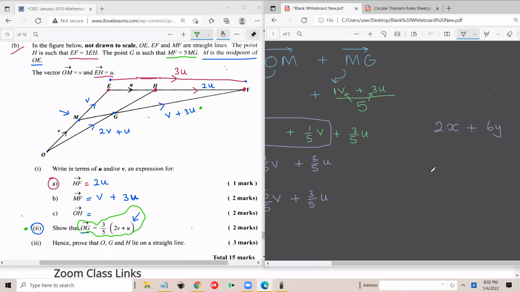If I decide to pull out 2, that means I am secretly visiting everybody here and dividing them by the number I am pulling out, which happens to be 2. 2x divided by 2 is x. 6y divided by 2 is 3y. But that's easy. You probably didn't need to do that. You're going to do that in your head.